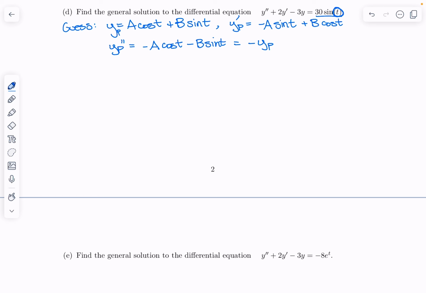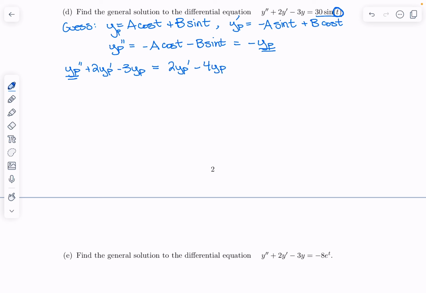So when I plug into the differential equation, I have yp double prime plus 2yp prime minus 3yp, which is equal to 2yp prime, and then my second derivative, which is minus yp, I just proved that, minus 3yp is minus 4yp.